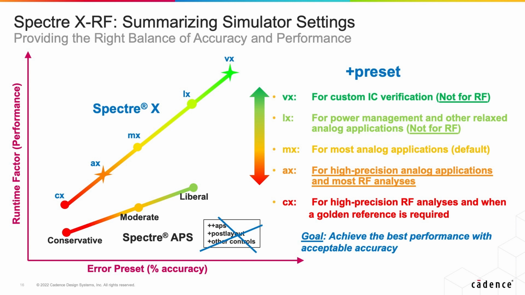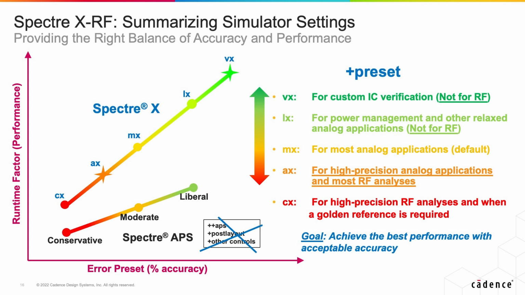And in APS, like I said before, you have to deliberately enable post layout to get post layout optimization. For post layout netlists, always enable post layout in APS. I will talk about the best option for post layout optimization for RF analyses, which is HPA.